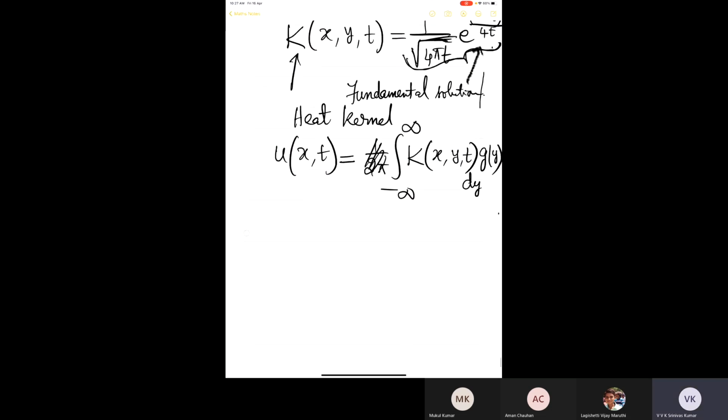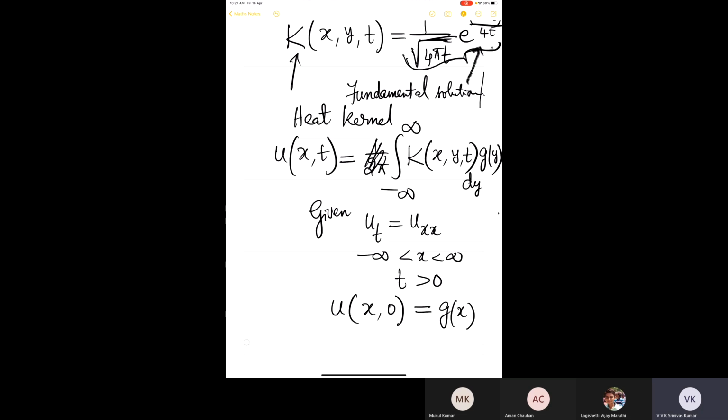What is g? Given a heat equation u_t equals u_xx, where x is between minus infinity and infinity and t is a positive variable, and u at the initial condition is g of x.